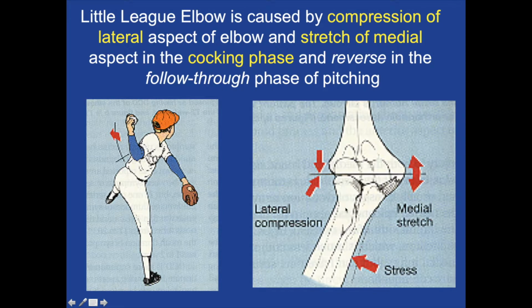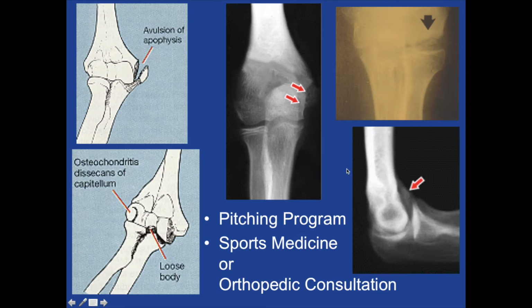So this is the cocking phase, and as they cock their arm back, as you see here, they compress the lateral aspect of the elbow while they're stretching the medial side. And so there is tension on this portion of the medial elbow that's being stretched, and there's compression on these portions of the lateral elbow.